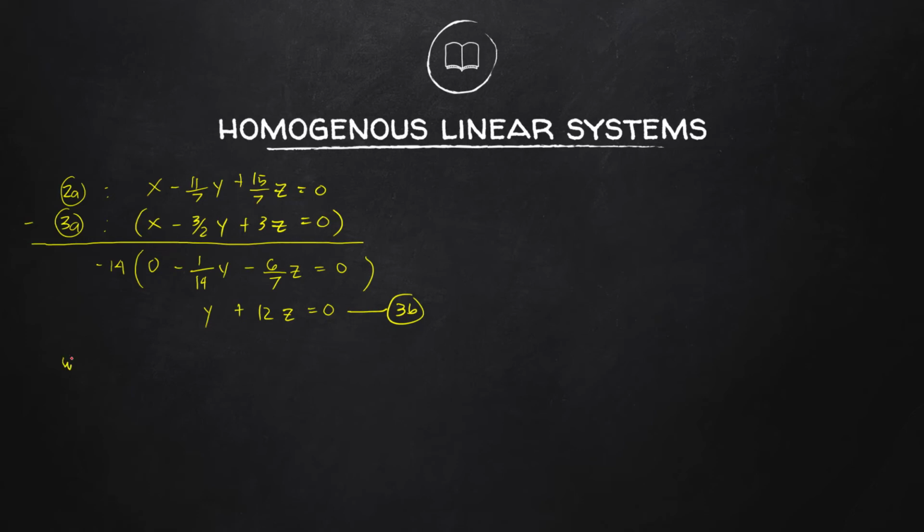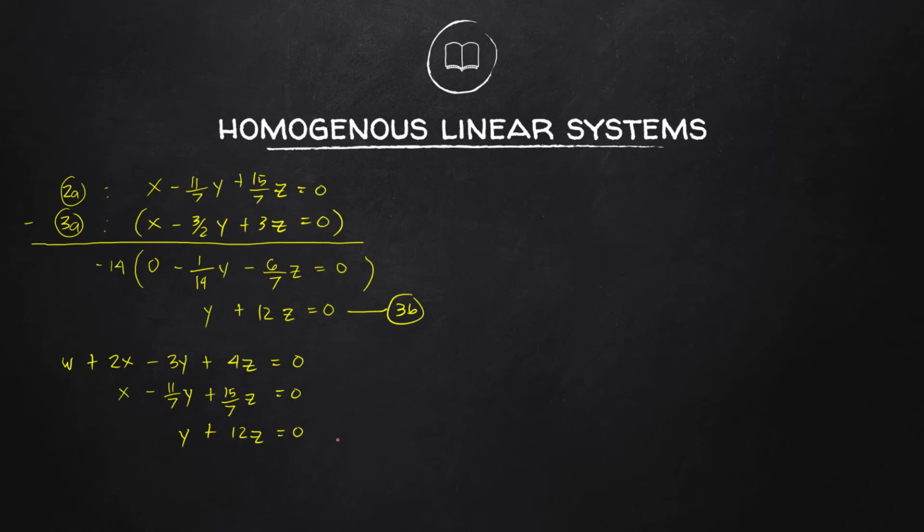That is w plus 2x minus 3y plus 4z equal to 0. I'm just copying the first equation. We have your second equation. Just copy it: x minus 11 over 7y plus 15 over 7z equal to 0. The third equation, the modified one, would be y plus 12z.